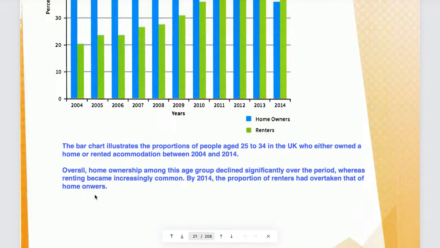We are trying to compare the proportion of this category with the proportion of the other category. If you just say the proportion of renters had overtaken the homeowners, it doesn't make any sense. Just the same as if you say the proportion of girls had overtaken the boys. It doesn't make any sense.